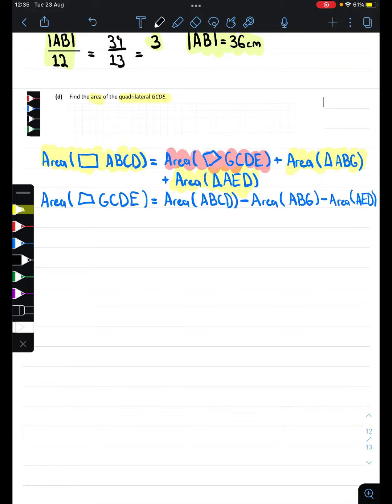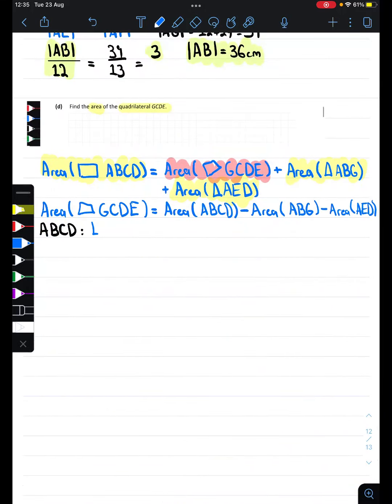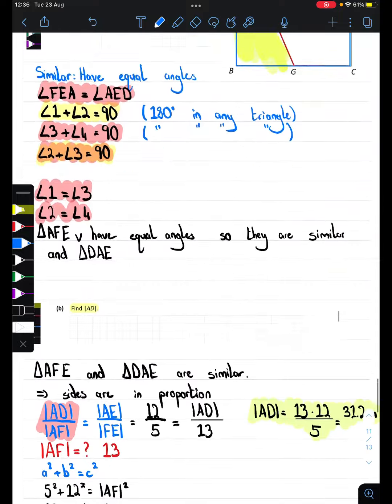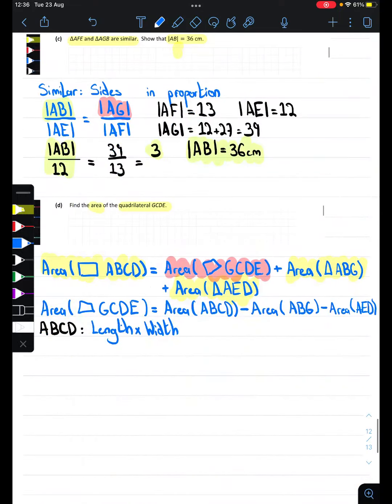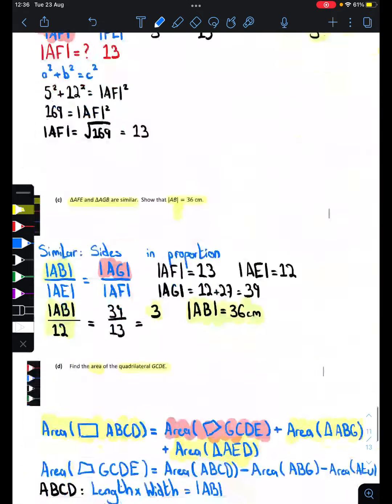So let's focus first on the rectangle ABCD. Well, the area is just length by width, where the length is AB and the width is AD.